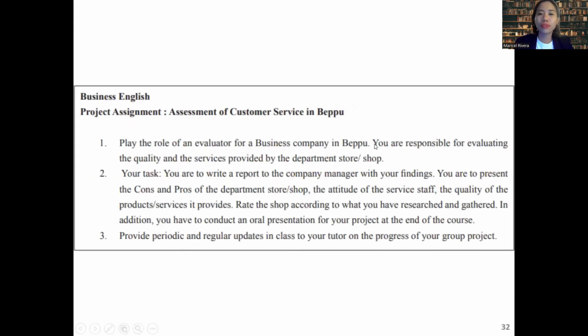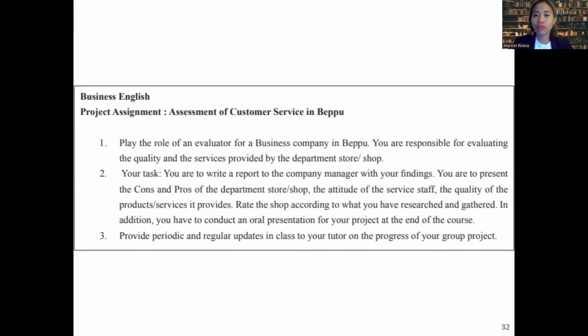So this is an example. This is an English project assignment, assessment of customer service in BPO. Okay, so play the role of an evaluator for a business company in BPO. You're responsible for evaluating the quality and the service provided by the department store shop. So see, it's really true that this is multidisciplinary.